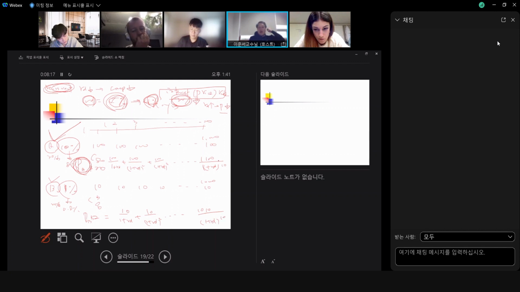Okay. Now, if RD is increased, since the interest rate plays the role of the denominator, the last term is affected most by the change of interest rate, right? So the most impacted term, if RD is changed, is the last term, right? Because it's to the power of 10.